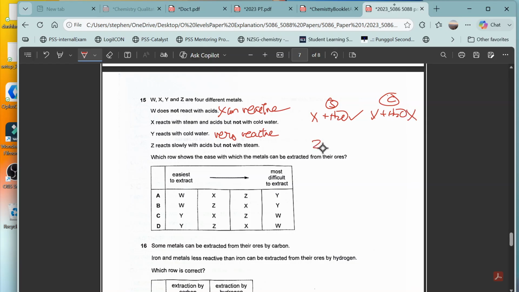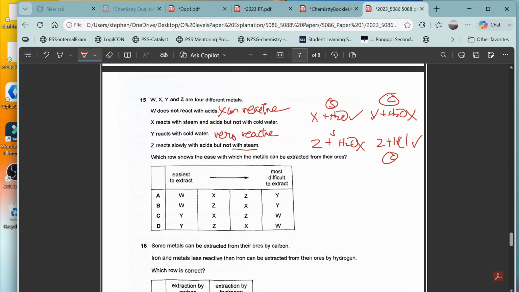How about Z? Does Z react with steam or not? No, right? Not with steam. Z reacts slowly with acid, or not water, acid. Slowly, okay. That means cold acid, not hot acid.